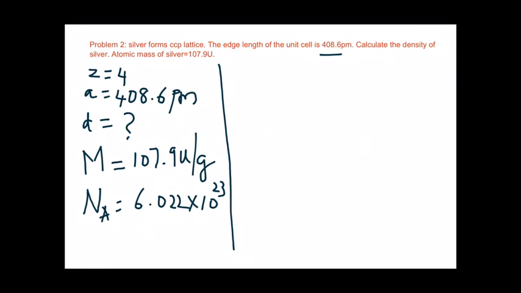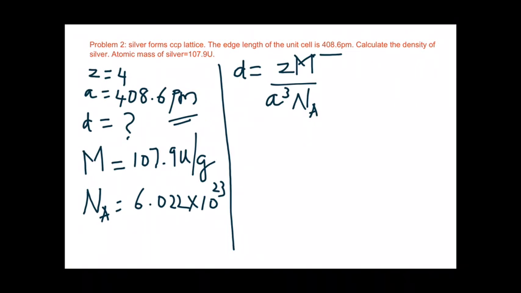So remember the equation, d is equal to Zm by a cube Na. So let us substitute these quantities. Before that, look at this edge length. It is given in picometer. Density can be expressed in gram per centimeter cube or kilogram per meter cube. Since molar mass, the unified mass, can be directly taken as grams, we may use gram per cc.